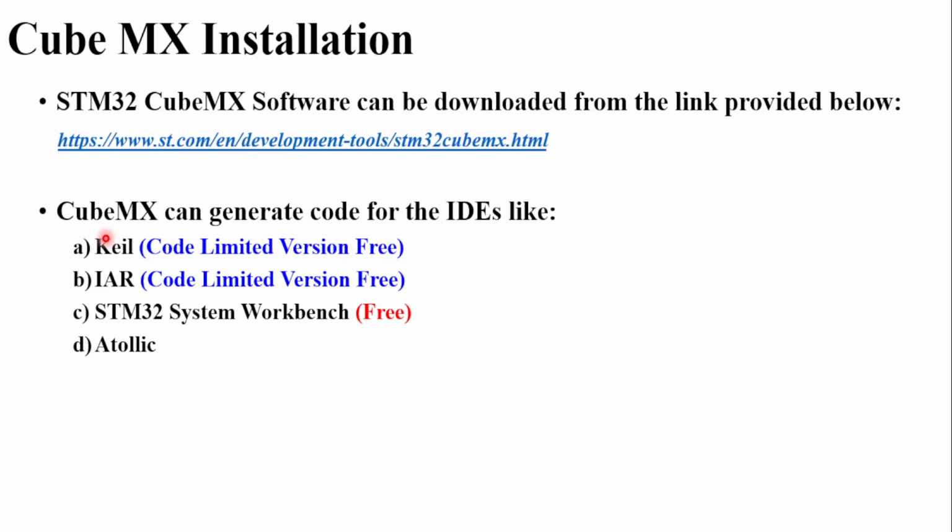This software, CubeMX, can generate code for different IDEs like Keil, IAR, STM32 System Workbench, and Atollic. Remember, Keil and IAR are generally paid versions, so they are generally available with code limited versions in the free versions. So with free versions, you cannot go beyond, in general, 32 kilobytes of program.